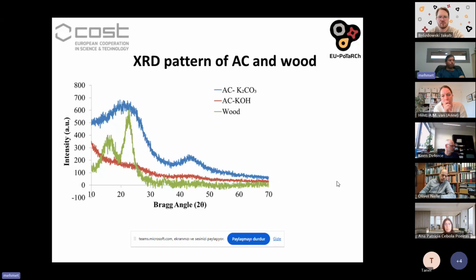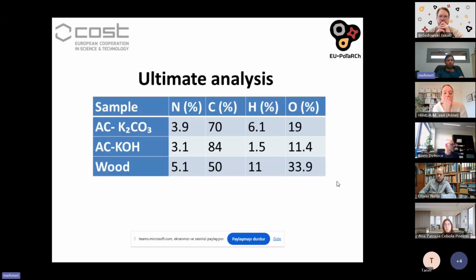On the other hand, both chemical activation methods successfully disrupted the crystalline structure of the wood. The more aggressive effect of potassium hydroxide creates a more amorphous carbon structure, which is associated with a higher surface area. In contrast, potassium carbonate has a less destructive effect.